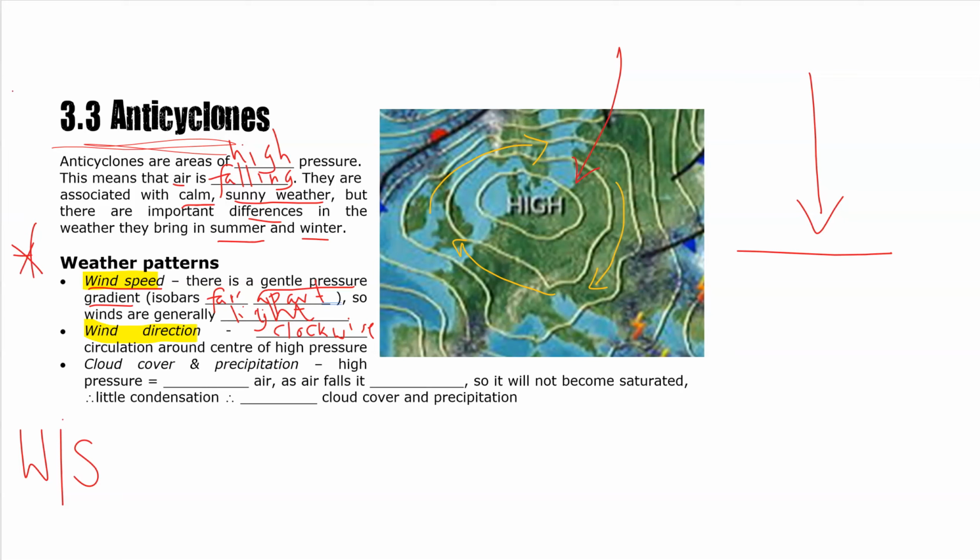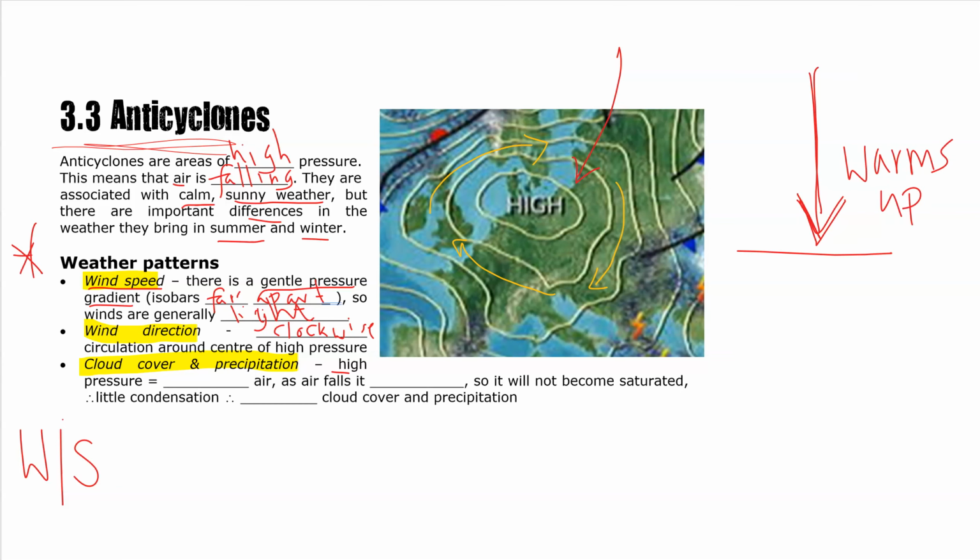And the final general point to make is in terms of cloud cover and precipitation. Because it's high pressure, there is little cloud. Now the reason for that is as follows. If you remember back in depressions, as air rises, it cools and condenses, forming cloud and bringing rain. Well, if air rises and cools, then in the high pressure, as air is falling, it warms.